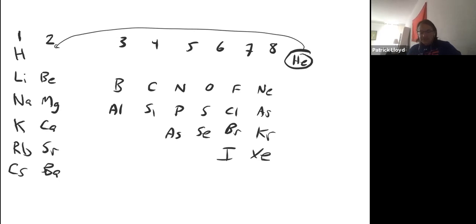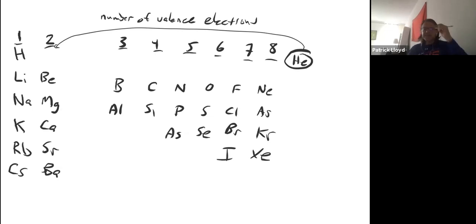But in any case, the number of valence electrons can be determined just by looking at the position in the periodic table. And that is cool, right? Number of valence electrons, 1, 2, 3, 4, 5, 6, 7, 8. That makes things simple. All you got to do is look at their position, without having to think about, like, iodine, right?